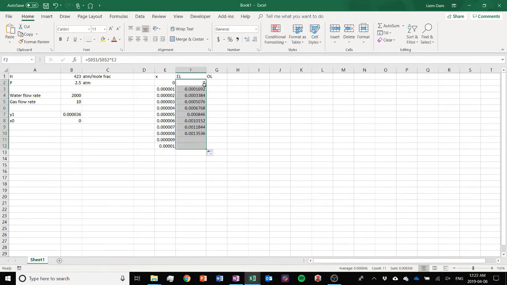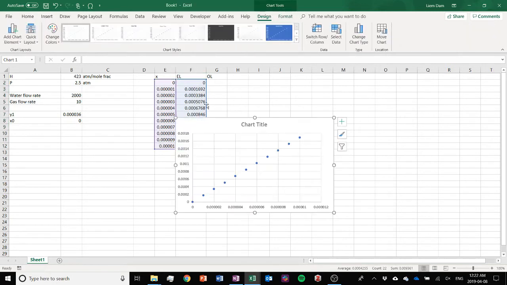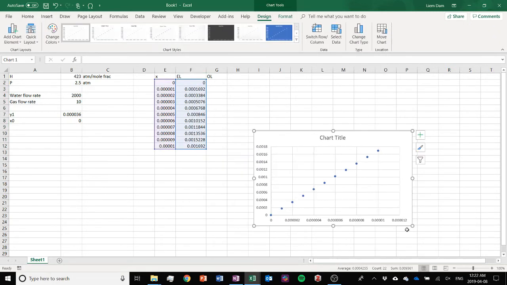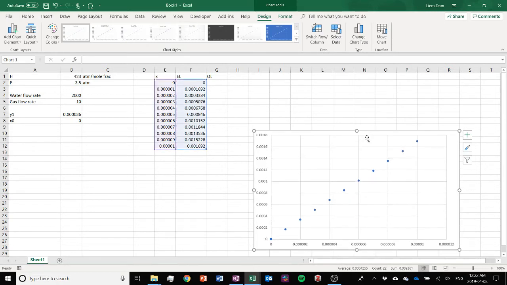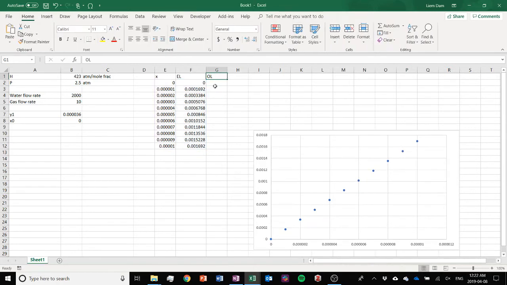And then we have the equilibrium data, and let's go ahead and plot this. There. So now we have a nice equilibrium chart. And let's do the same thing for the operating line.